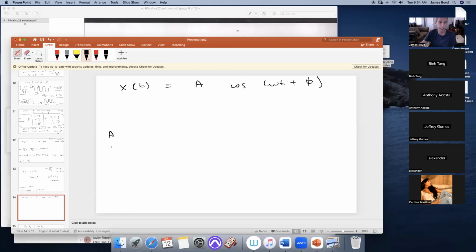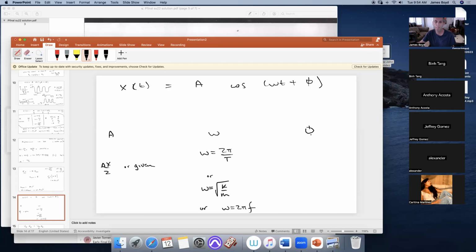And A is the change of x over t, or it's just given. Omega is either 2 pi over the period, or omega is the square root of k over m, or omega is 2 pi f.